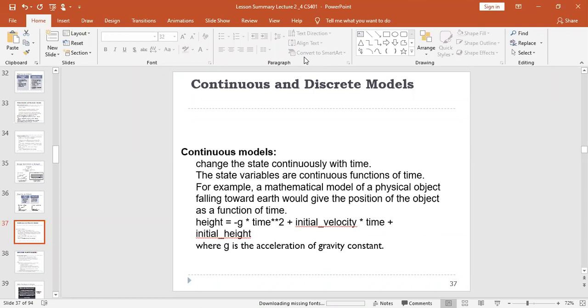So all you need is a parameter to determine it. So if I want to know the distance traveled by a car, all I need is the speed and the time, because distance can be expressed in terms of the velocity and the time. You understand? So it is not a matter of certainty.